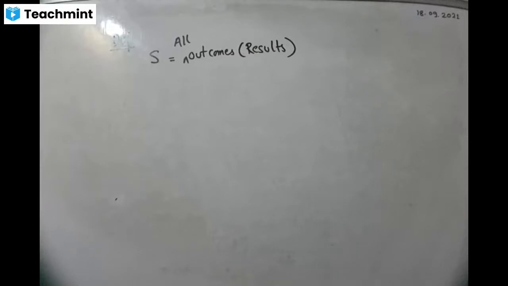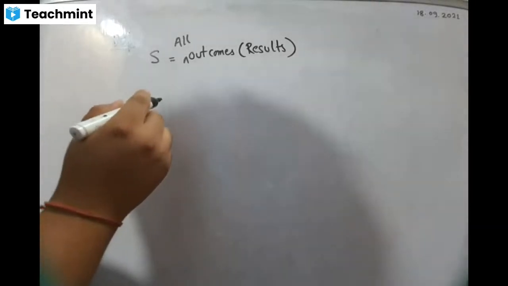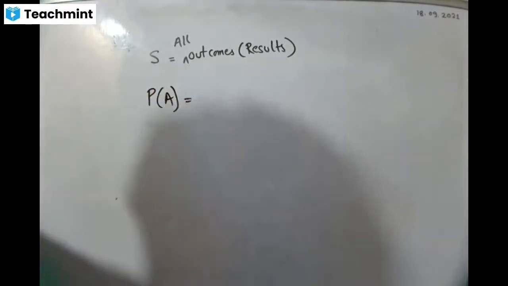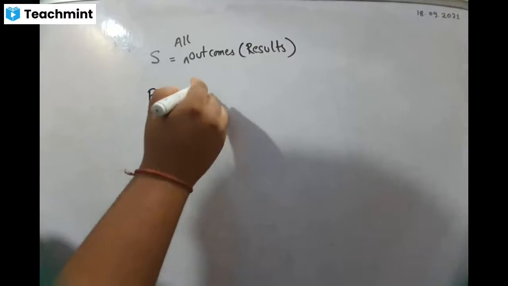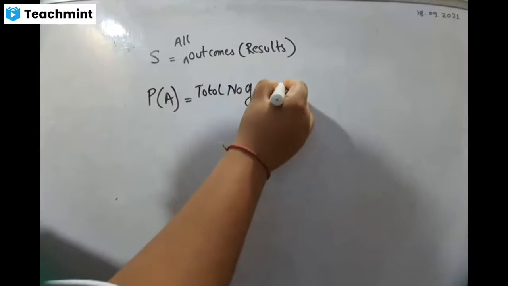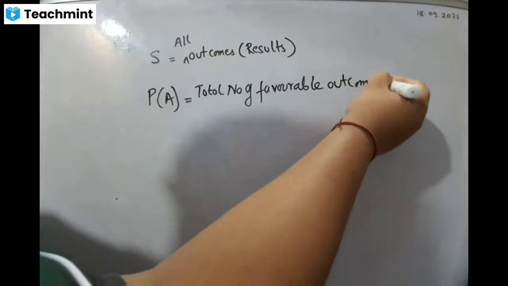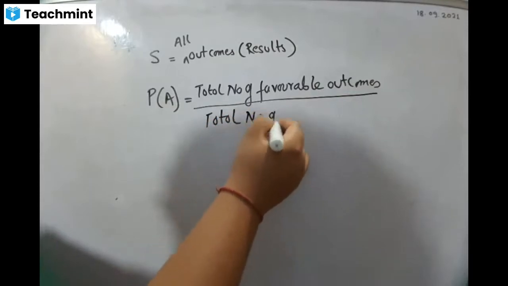Then the probability of A, denoted by capital P open bracket A, will be equal to the total number of favorable outcomes divided by the total number of outcomes.